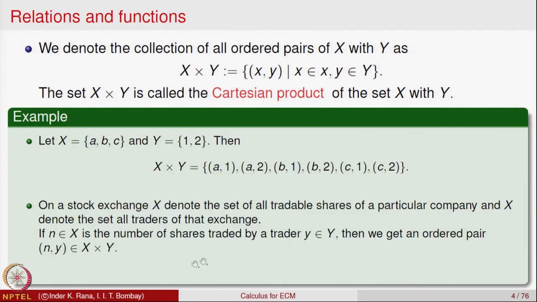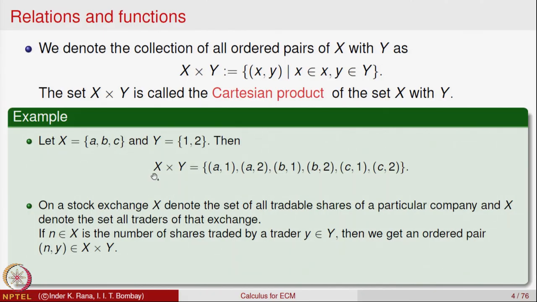Then for a number of shares n belonging to X, the number of shares traded by a trader y in Y will give us an ordered pair n comma y. So, that is an element of X cross Y. That is how ordered pairs and Cartesian products come into existence.